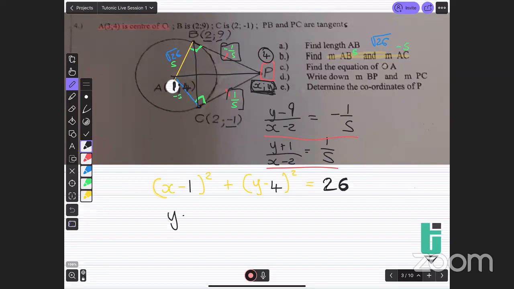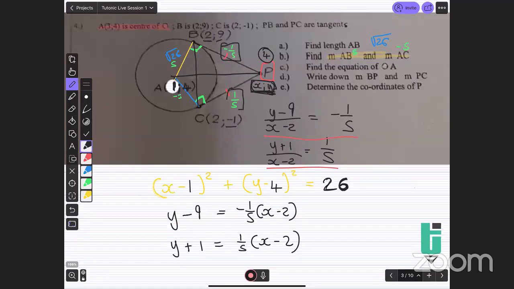So it's y minus 9 equals minus a fifth times (x minus 2), and y plus 1 equals a fifth times (x minus 2).